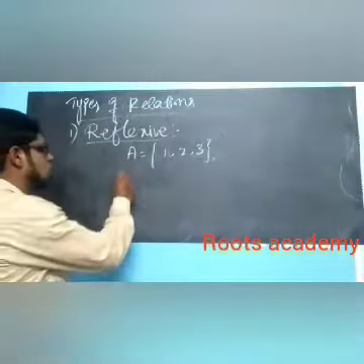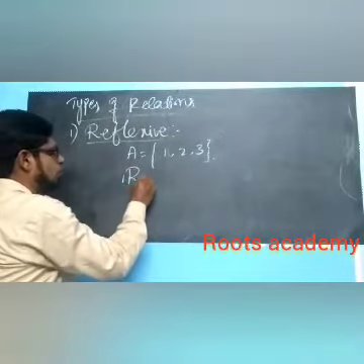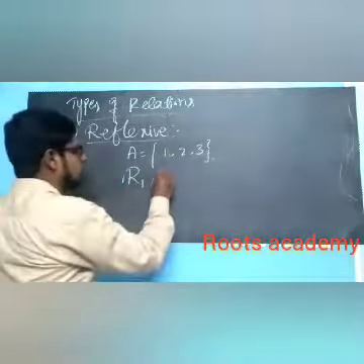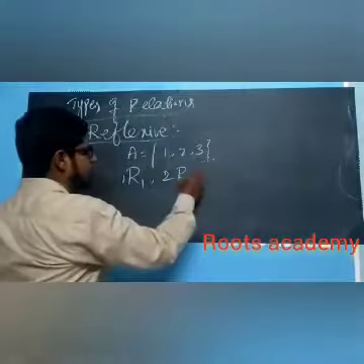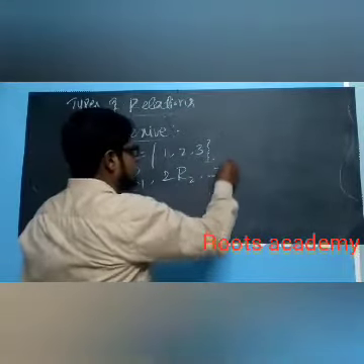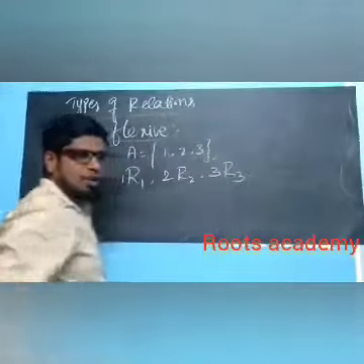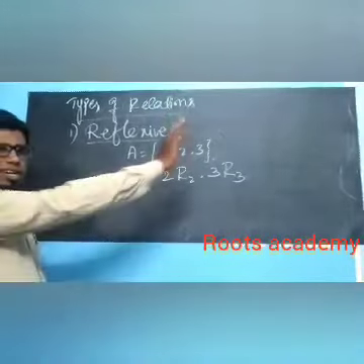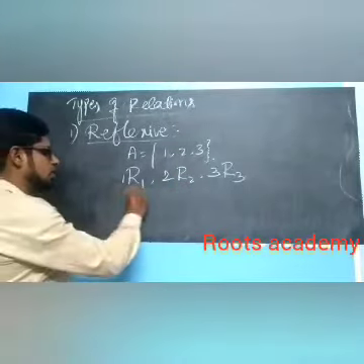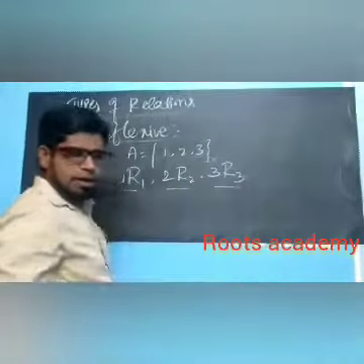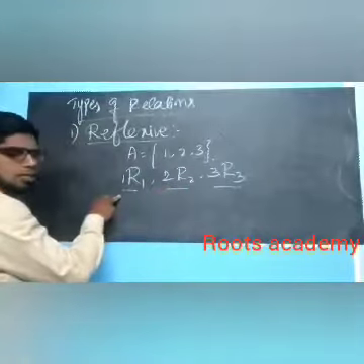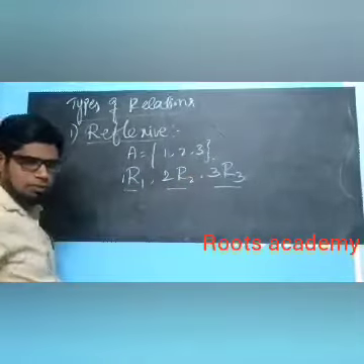It means 1 should be related to 1, 2 must be related to 2, and 3 must be related to 3. After this, it can be anything, 1 can be related to 2 also, and so on. But these things are very important. If any one is missing from these 3, then it is not reflexive.